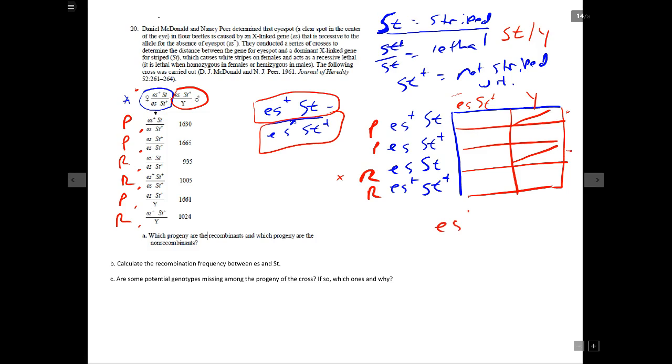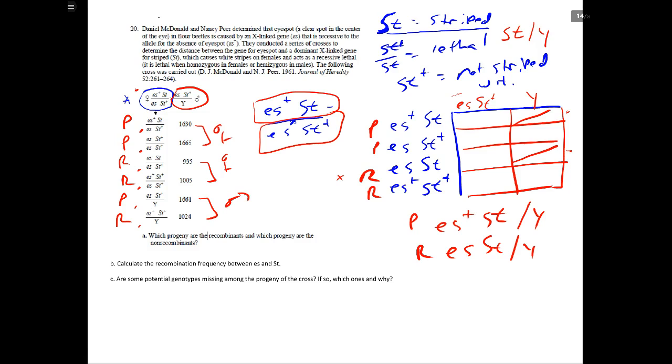So that's ES plus ST over Y and ES ST over Y. So we're missing a parent and we're missing a recombinant. And by the way, these are females. These are females. These are males. And so we're missing two classes of males.